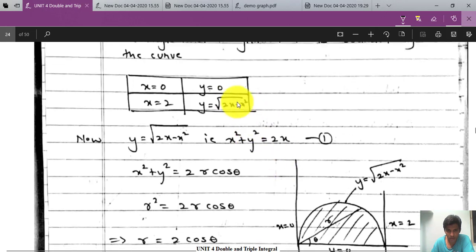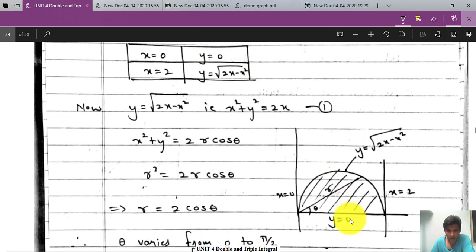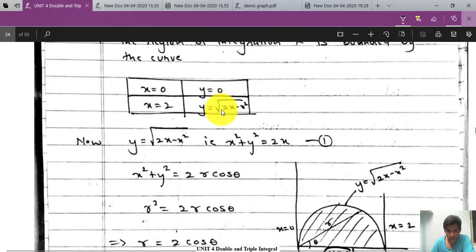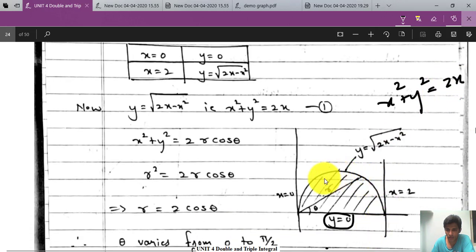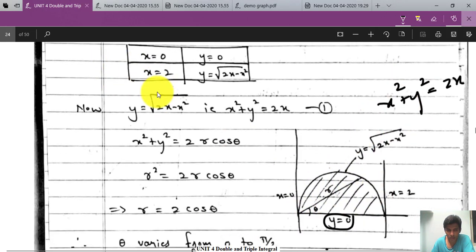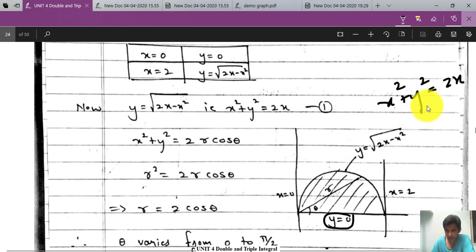So y is 0 over here, fine, and this equation is of the form x square plus y square equal to 2x. If you evaluate and take these points, definitely you will have a circle equation, right? And we have the upper half circle.